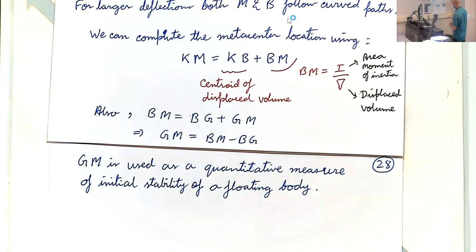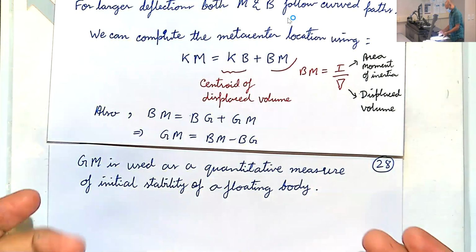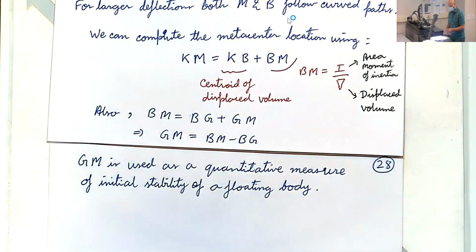Up until now, we've just been saying we want our hull to be stable. The GM lets us quantify that. Like, how stable is it? Is it a little stable? Is it very, very stable?